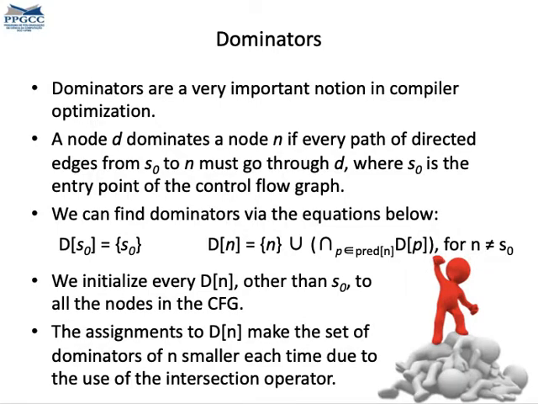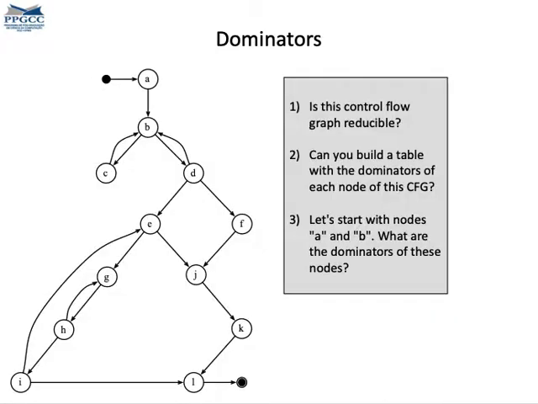In other words, the dominators of a node are the node itself plus the intersection of the dominators of its predecessors. So intersection naturally prunes away the initial dominator sets. This analysis that we are using to find dominators is thus a must analysis.